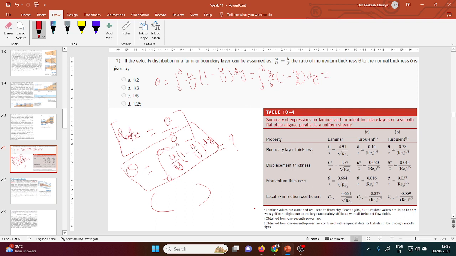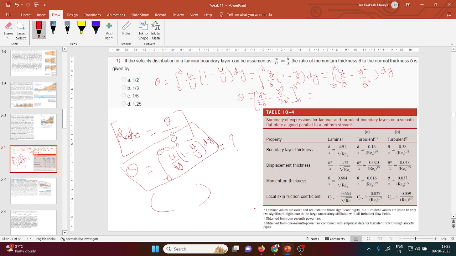So it becomes the integral of y by delta minus y square by delta square, dy. If you integrate, theta is equal to y square by 2 delta minus y cube by 3 delta square. Your upper limit is delta and lower limit is 0.